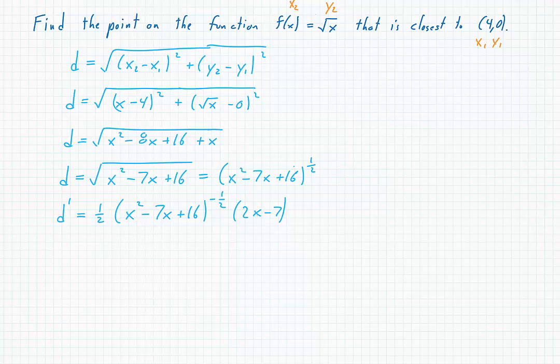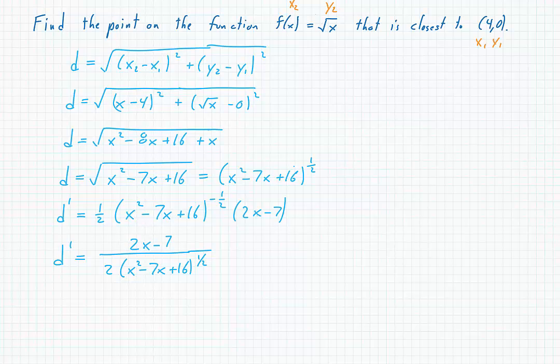That's by the chain rule. And if we rewrite that a little bit, we'll get (2x minus 7) divided by 2 times (x squared minus 7x plus 16) to the 1/2. That is, in the bottom we get 2d, twice the distance.